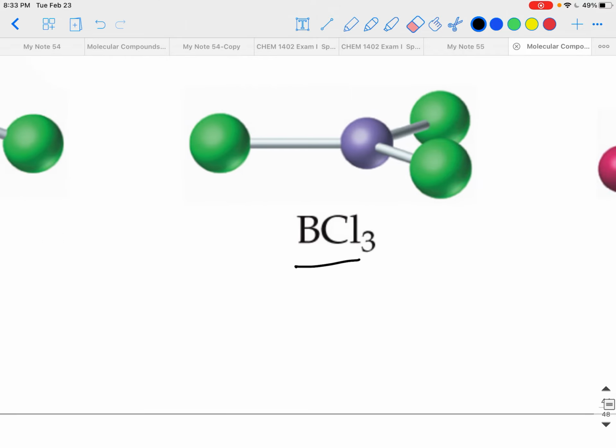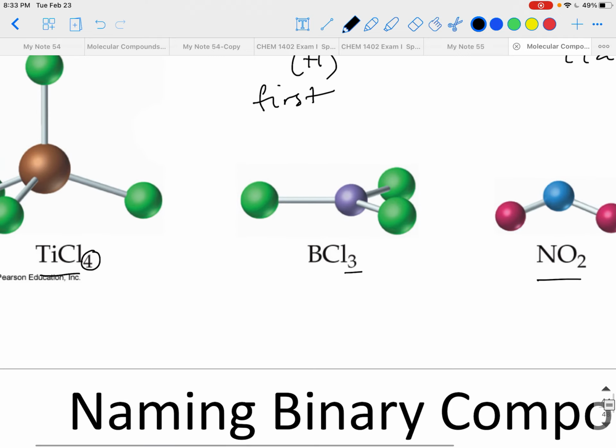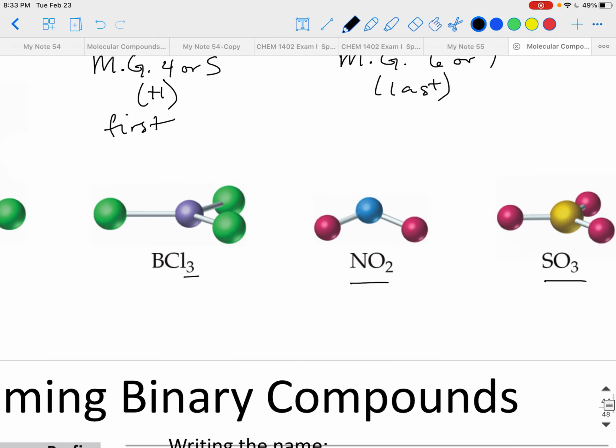So we come over here, example again. We have boron and chlorine. We have one boron, and then we have 3 chlorines. So we don't have to write the 1. It's just an understood 1 if it's there. You don't have to write that in. But the subscripts tell you how many of that atom are in the formula. So that's how you're going to write it.